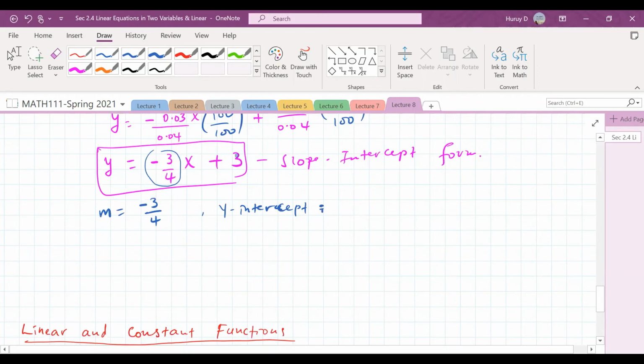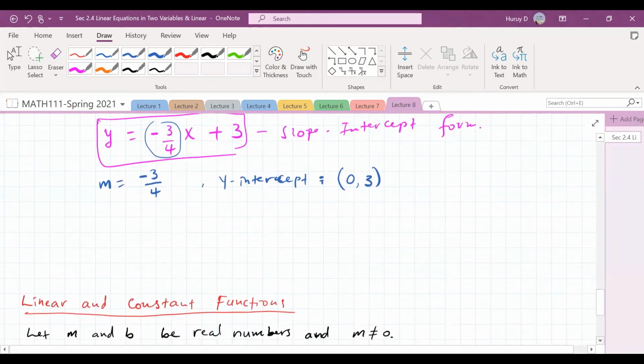And this is b. The y-intercept we write as 0, comma b, and b here is 3. Therefore the y-intercept is 0, 3, not just 3.